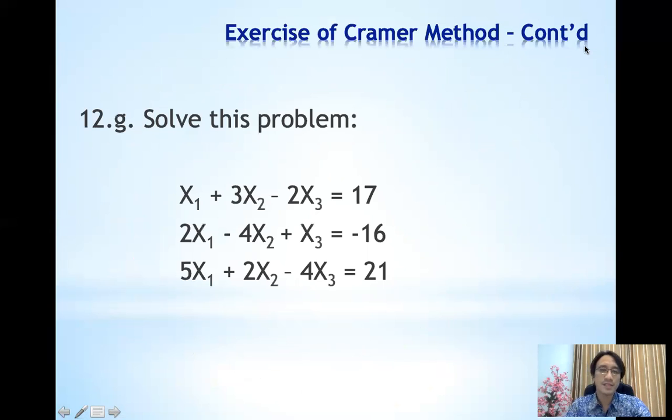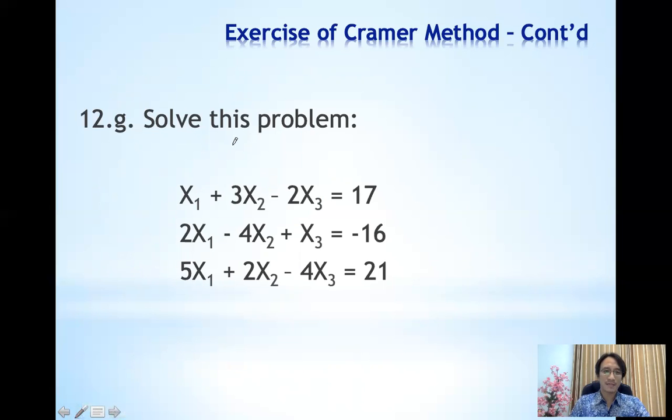Okay, you can try this 3 by 3 Cramer method problem by yourself. Use the way you find the adjoint, using the step-by-step procedure, and then find the determinant of A, simply calculating the determinant of a 3 by 3 matrix.